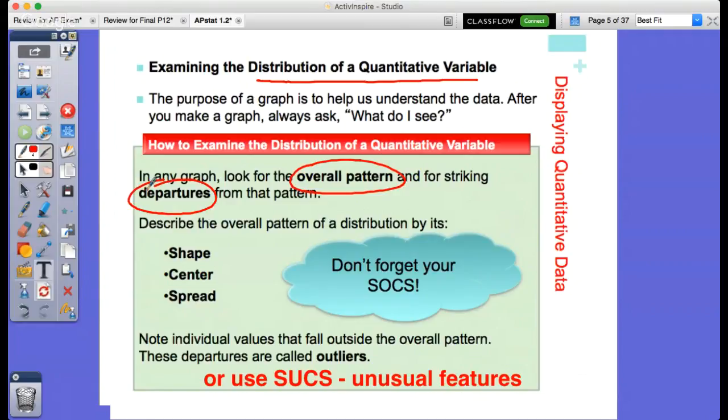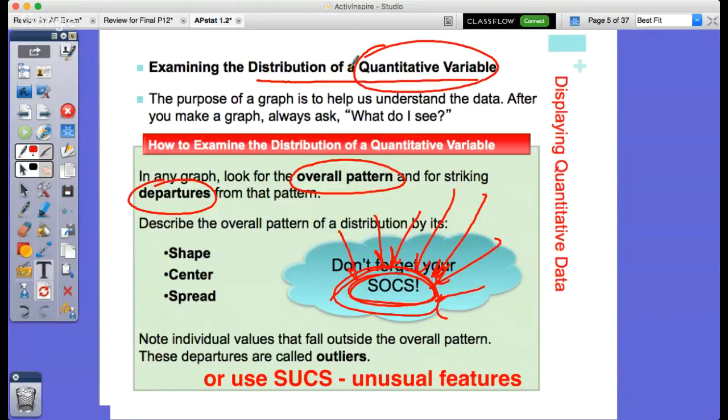So we describe it using this keyword, okay? Please know this word. If you need to get a tattoo of it, no, don't do that. But you need to know the word SOCS. We describe quantitative data, a distribution, by using SOCS, and it's labeled like this. We talk about the shape.